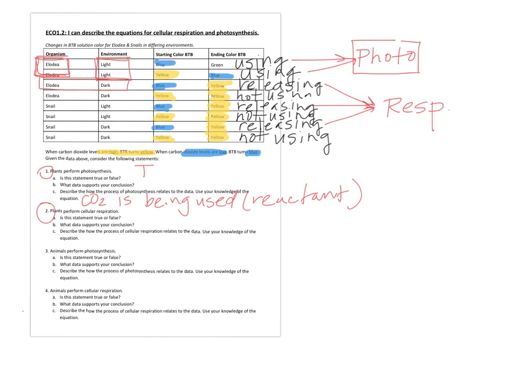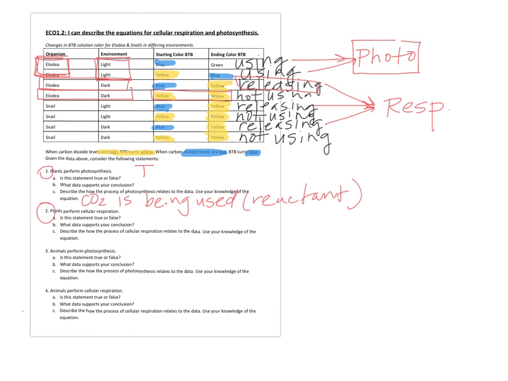Right here. It's turning from blue to yellow, so it's releasing CO2. This one right here, the Elodea in the dark, stays yellow, which means it must be doing some respiration, because if it was only doing photosynthesis, it would turn to blue. It would use that carbon dioxide.